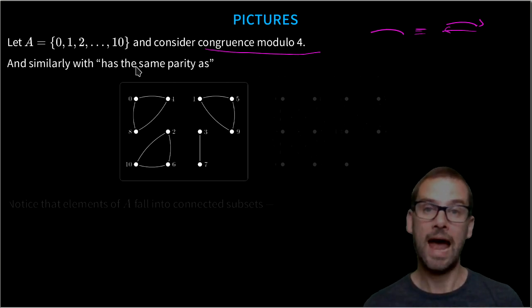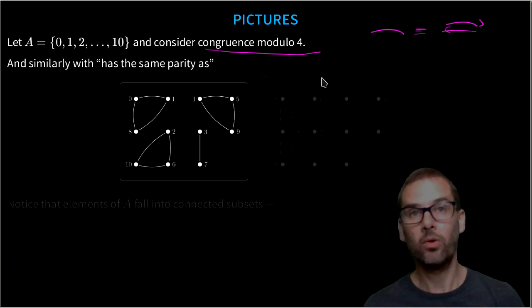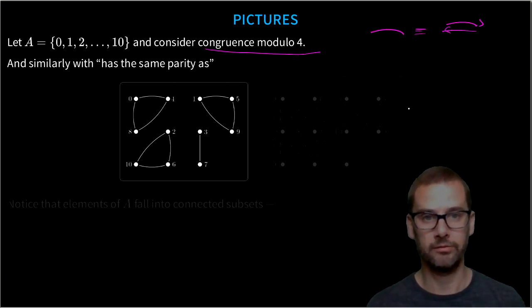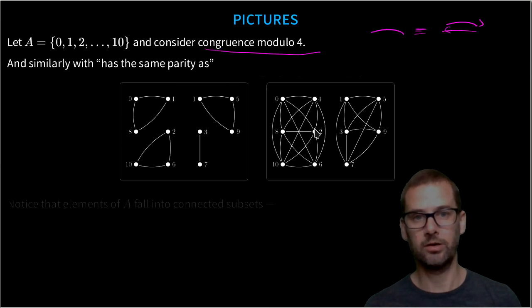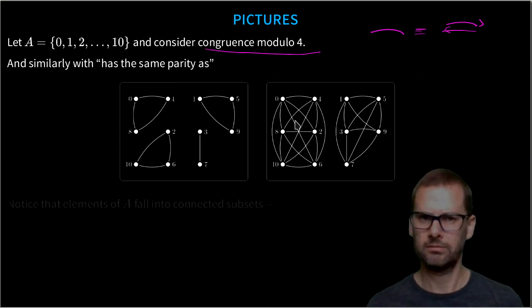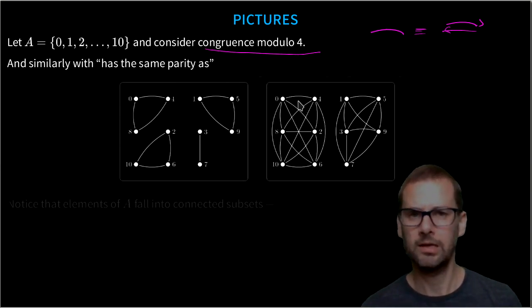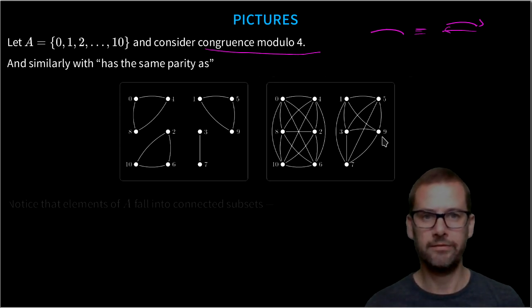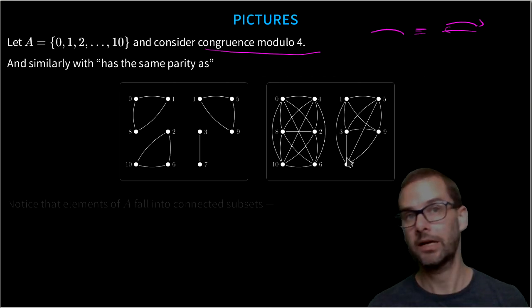Similarly, if we have has the same parity as, then all the even numbers will form one blob and all the odd numbers will form another blob. So I've drawn that here. We can see 0, 2, 4, 8, 6, 10, and all of those are connected to each other. And 1, 3, 5, 9, and 7, all the odd numbers are connected to each other.